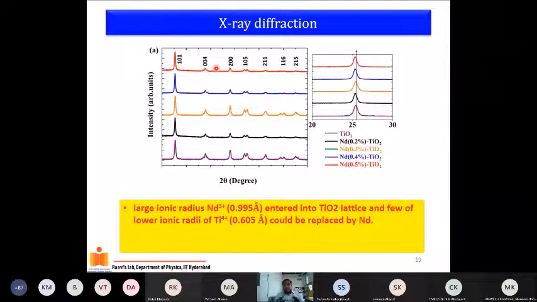The XRD spectrum looks the same, just that there is a slight shift in the strongest pattern, the 101 reflection. This small change can be understood by considering that the large ionic radius of neodymium enters the titania lattice and replaces some of the lower ionic radius titanium. Because of this, a strain is induced inside the lattice structure, which leads to a small deviation from the actual reflection.